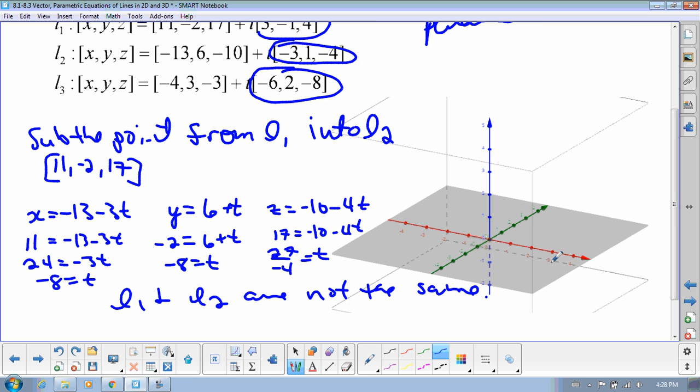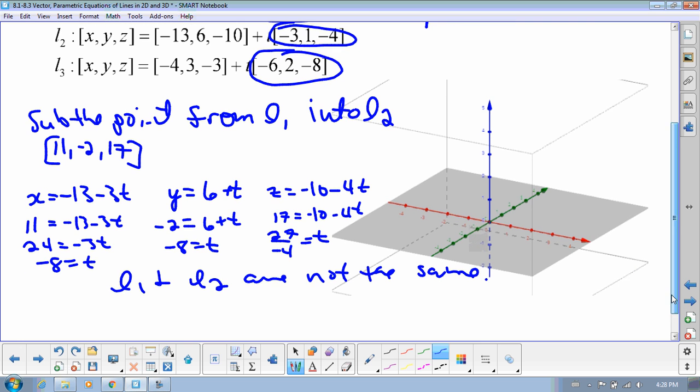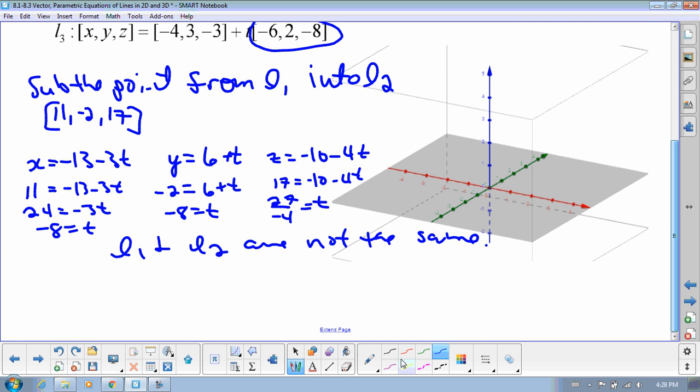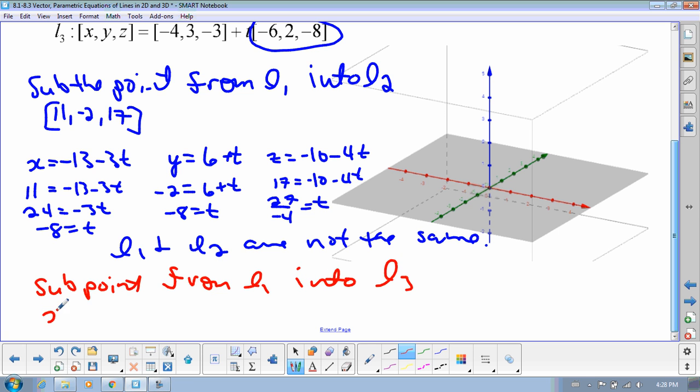Okay, so same process. I'm going to sub the point from L1 into L3. So the parametric for L3 is x equals negative 4 minus 6t. y is 3 plus 2t.